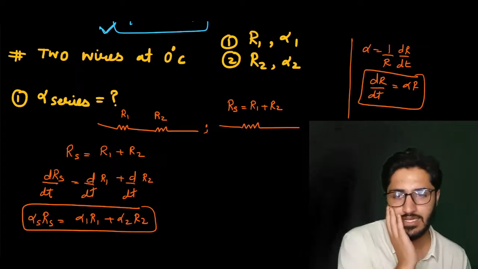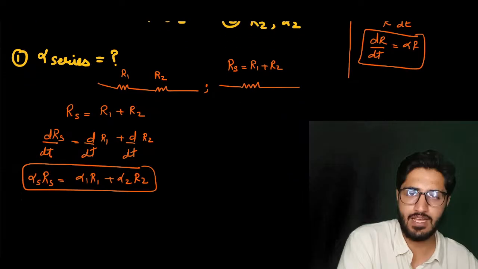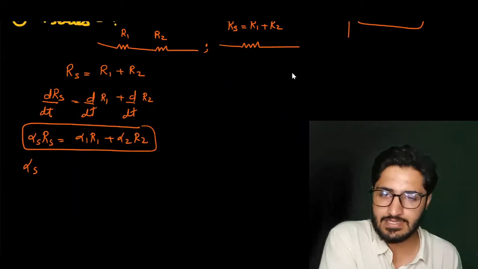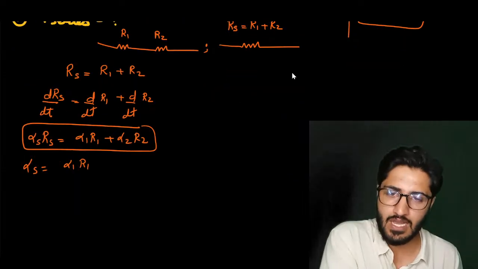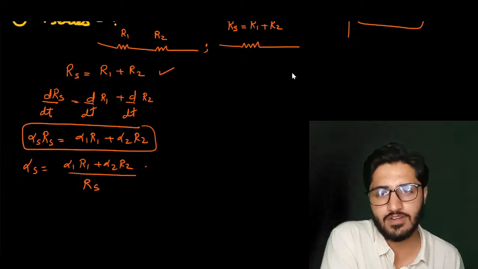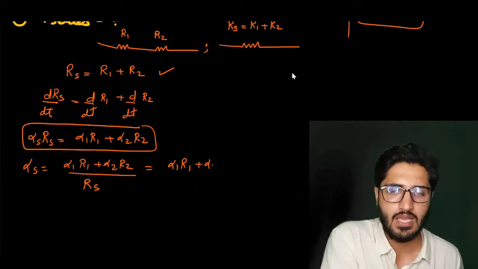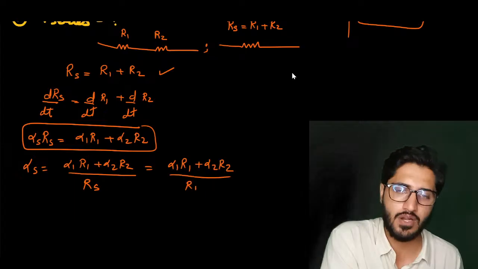I need alpha_s, which is (alpha 1 R1 plus alpha 2 R2) divided by Rs, and Rs is R1 plus R2. So alpha_s equals (alpha 1 R1 plus alpha 2 R2) divided by (R1 plus R2).